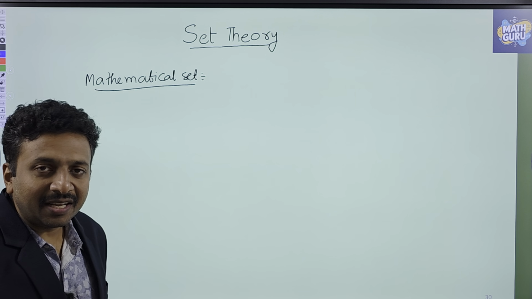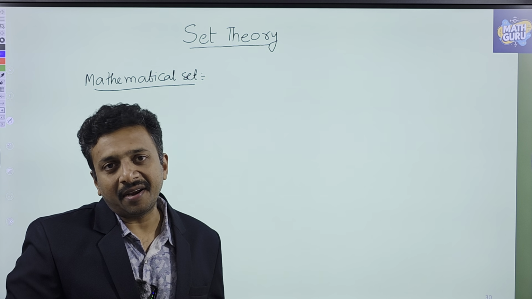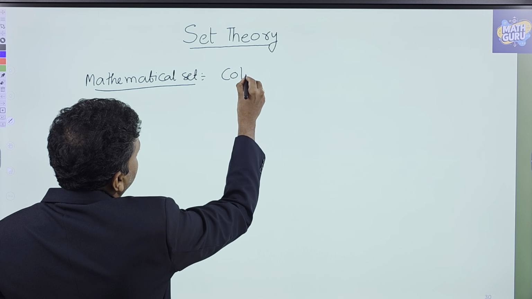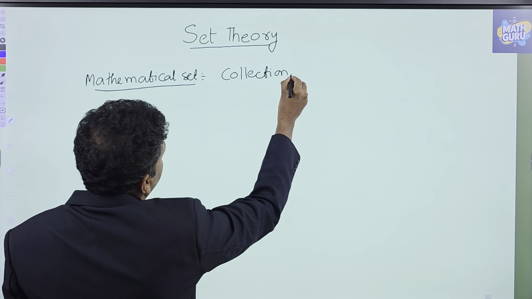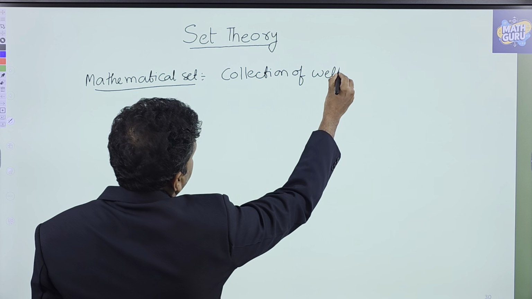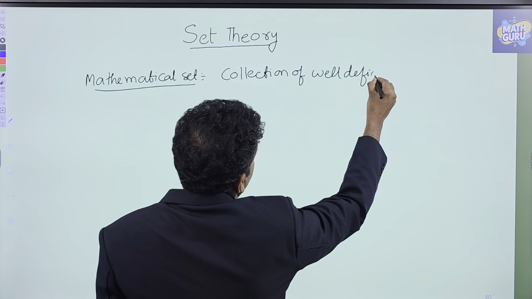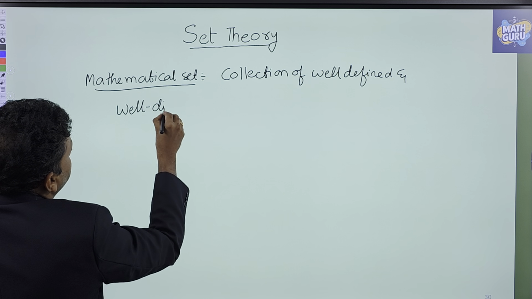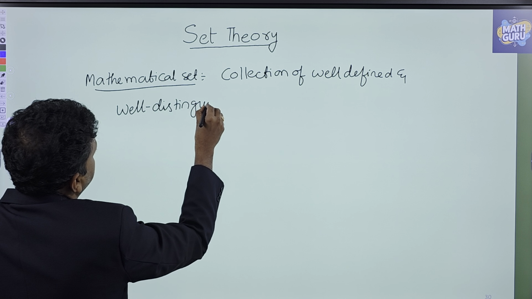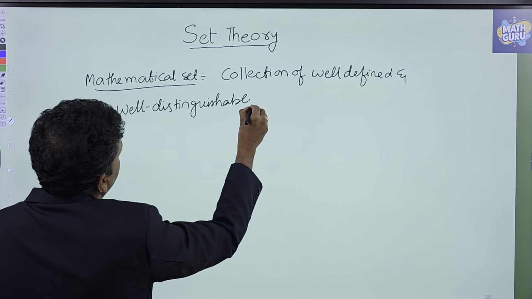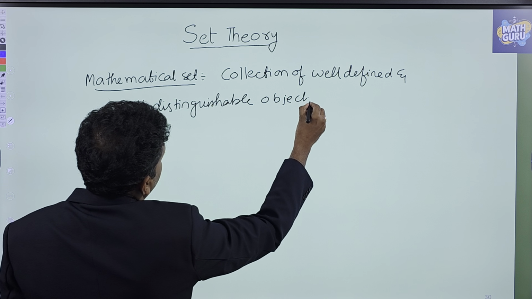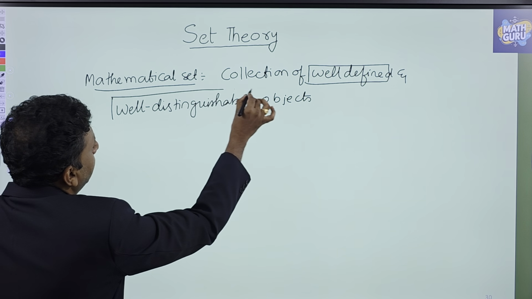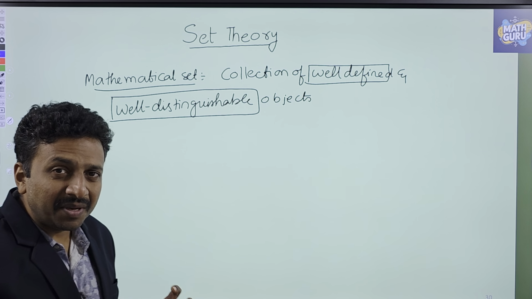A mathematical set is a collection of well-defined and well-distinguishable objects. So there are two important words, which are well-defined and well-distinguishable objects. So what is the meaning of well-defined?